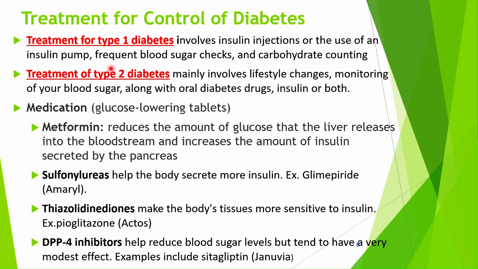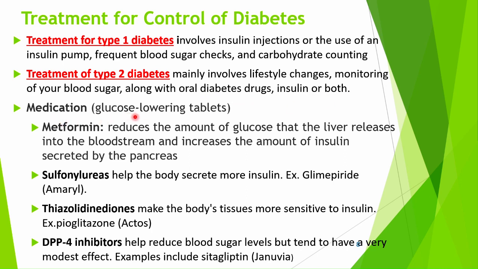Using an insulin pump, frequent blood sugar checks, and carbohydrate counting are important in this case. But type 2 diabetes mainly involves lifestyle change, monitoring of your blood sugar, along with oral diabetes drugs, insulin, or both.